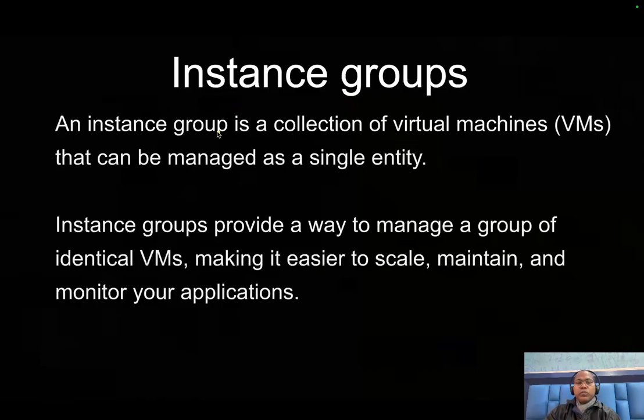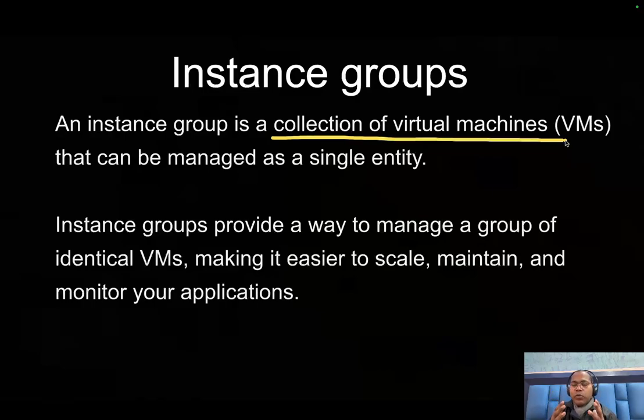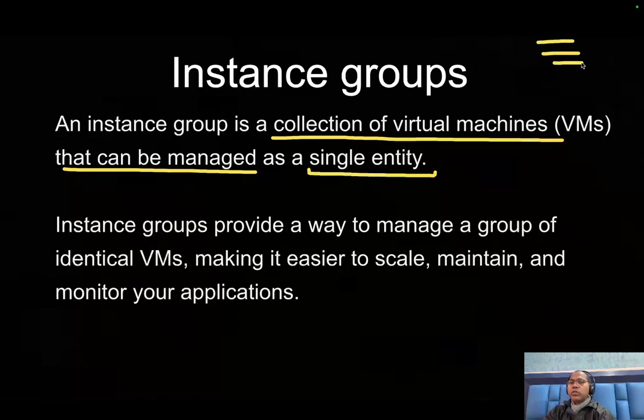So an instance group is a collection of virtual machines. Whenever I have a requirement, I am going to start a collection of virtual machines that can be managed as a single entity. Let's say I am going to create 10 virtual machines. I am not going to create manually 1, 2, 3, 4, 5, up to 10 virtual machines.